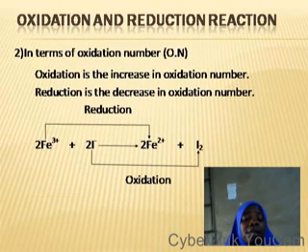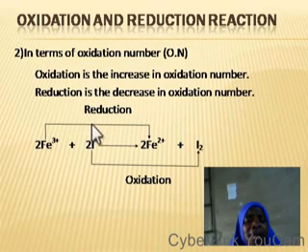Now let's look at the second one, in terms of oxidation number. Oxidation is defined as the increase in oxidation number, while reduction is decrease in oxidation number. Now let's look at this example of the redox reaction given below. If you look at the arrow here, from iron 3+ to iron 2+ is reduction, due to the fact that the oxidation number has changed from +3 to +2.